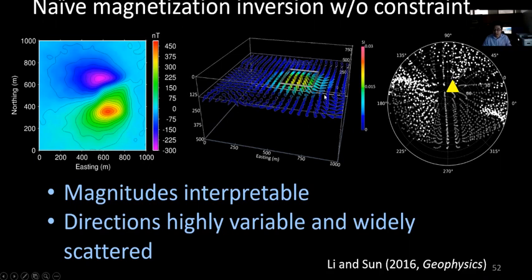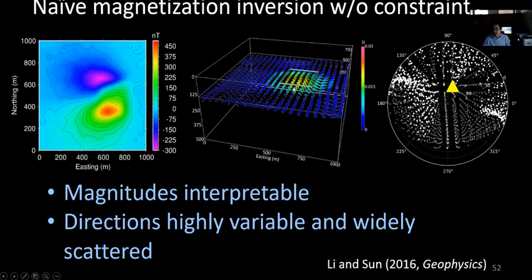The head of the cones represents the recovered directions, and the color represents the effective susceptibilities. I don't know if you can see this, but this gray box here represents the true position of the target body. If you just look at the effective susceptibilities, we actually recover the anomalous body pretty well. We recover its location and its spatial extent.